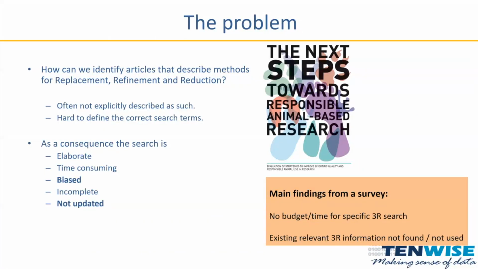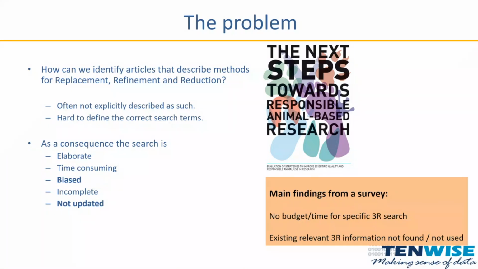She said researchers find it hard to do a good 3R search because of the keywords, the sources, and also, maybe most importantly, often people provide very interesting methods or test methods, and they describe that in papers, but they don't label them as a replacement for an animal method.